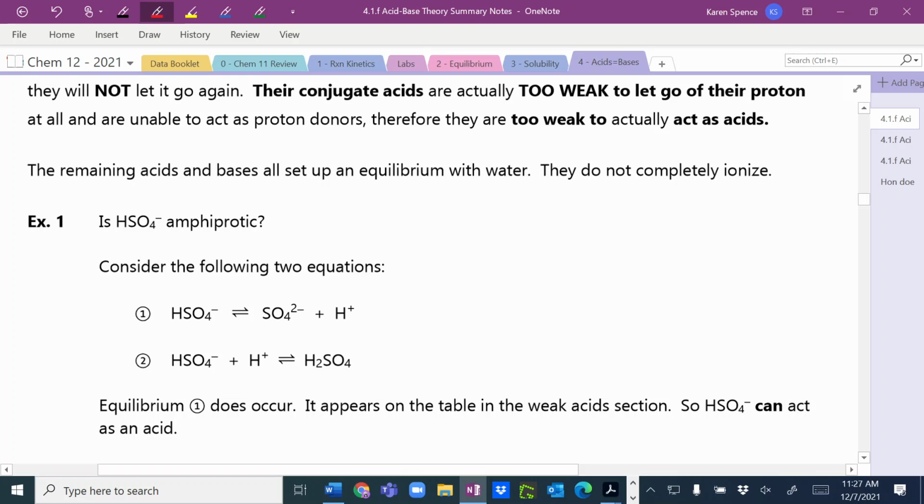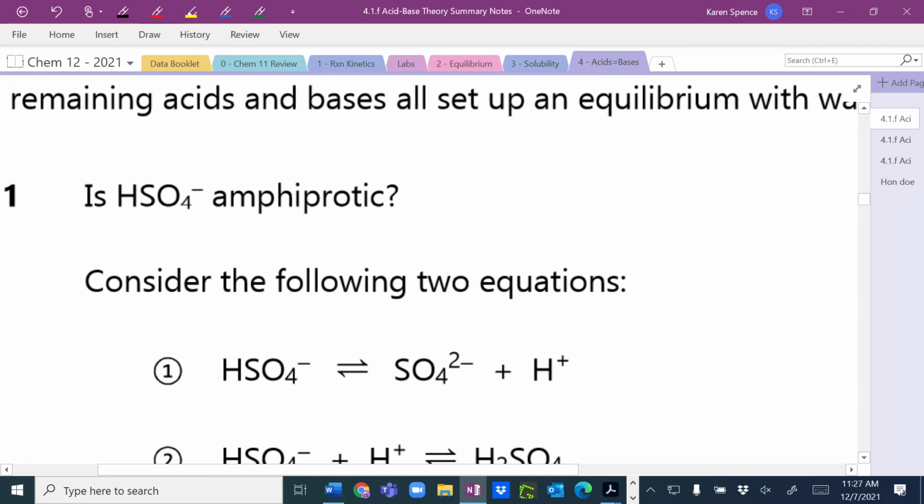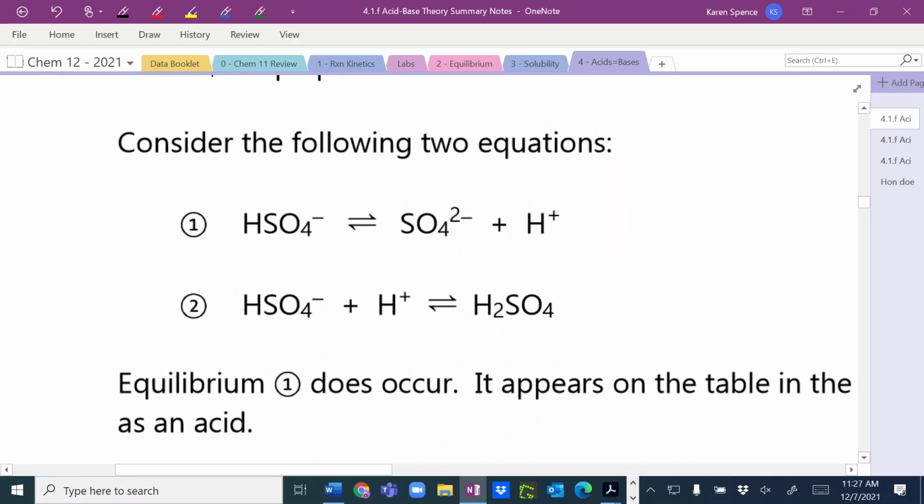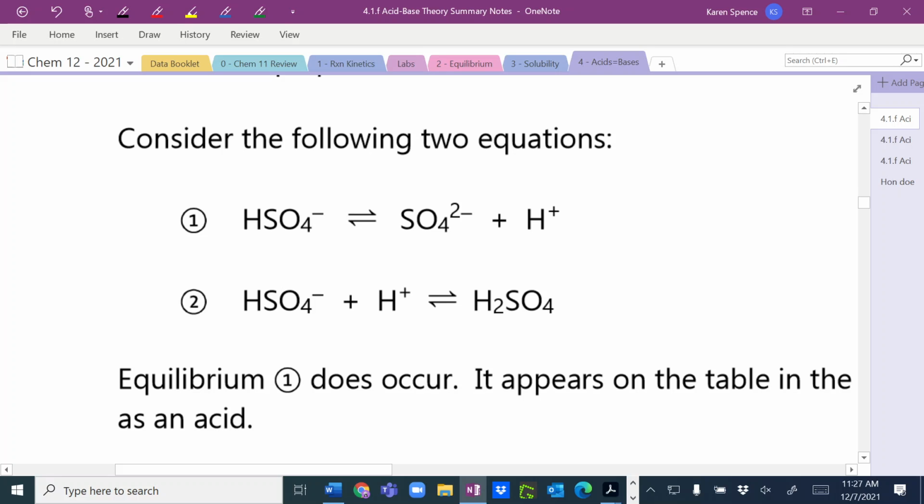But we're going to look at example number 1. Is HSO4 amphiprotic? So let's consider our two equations. If HSO4 is acting as an acid, then it would be giving up a proton and becoming SO4 2 minus.